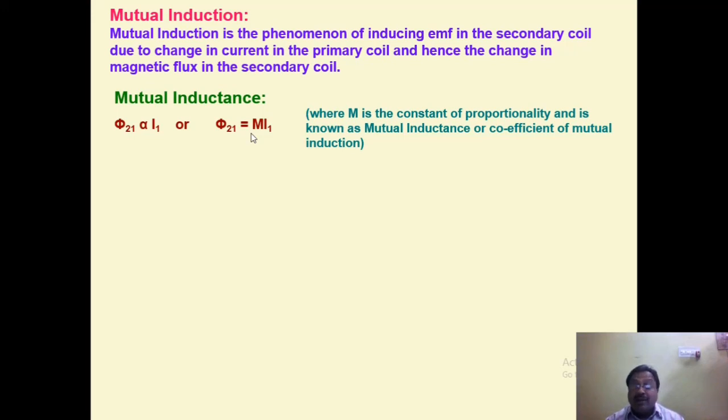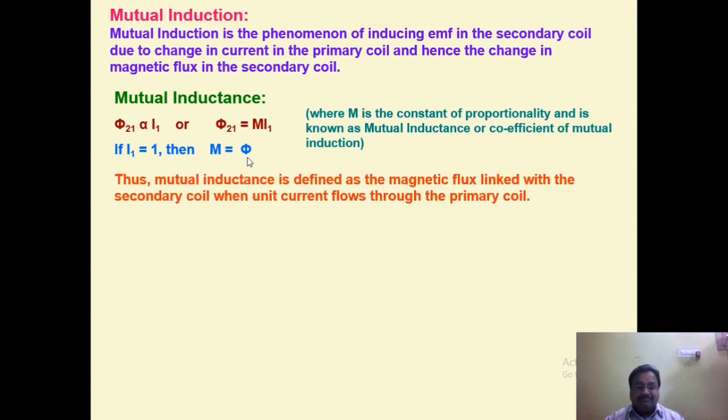It is the property of the two coils, you remember. It is the phenomenon associated with the two coils. Now, if you substitute I1 equal to 1 here, obviously you will get M equal to phi 21, which you may also take as phi.